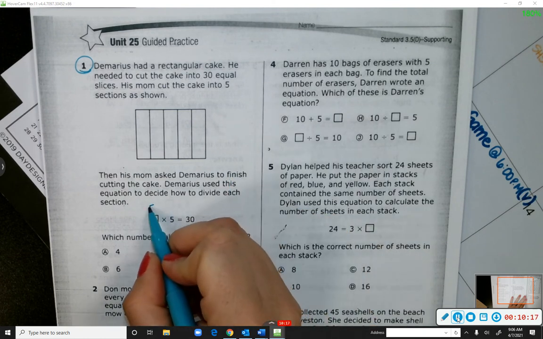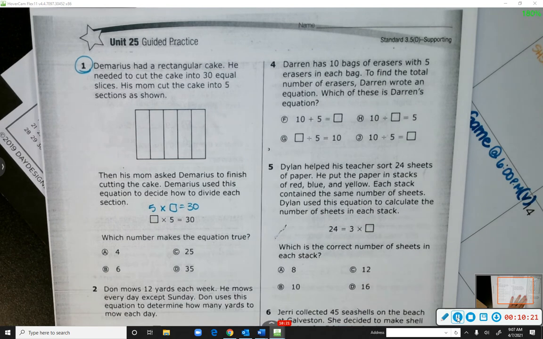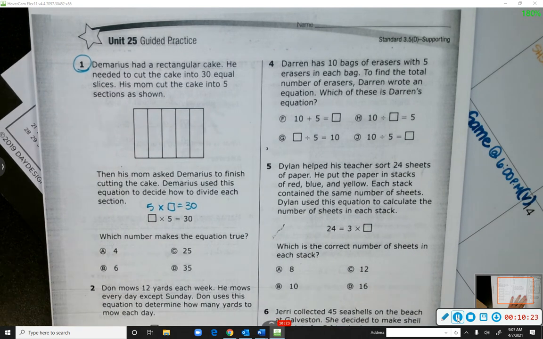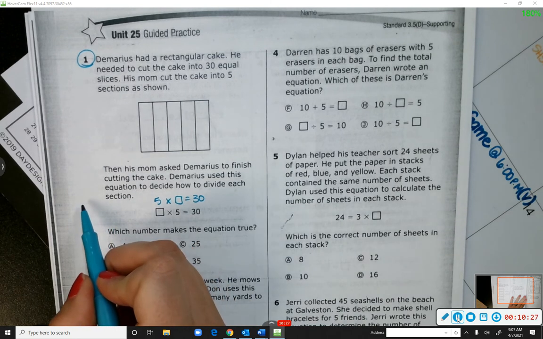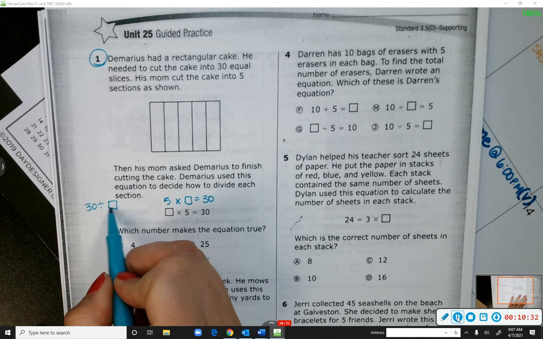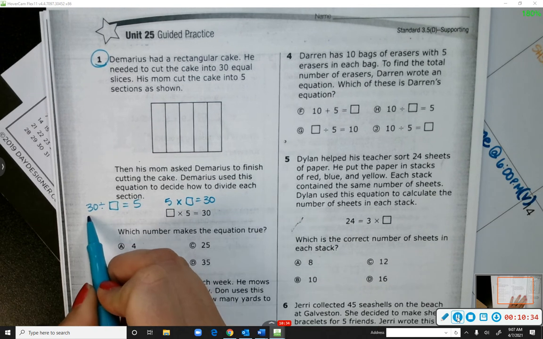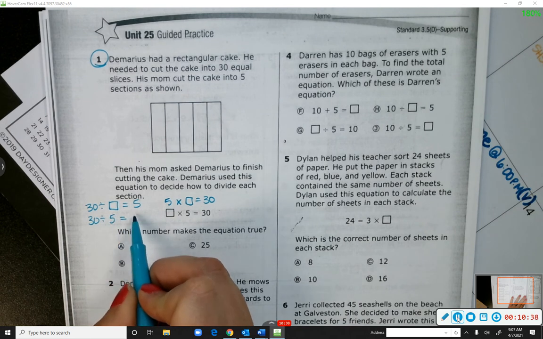So 5 times what equals 30 would be another multiplication. Now for division, what number would go in the front? 30. 30 divided by something equals 5, and 30 divided by 5 equals something.